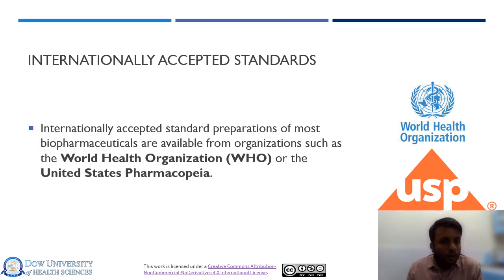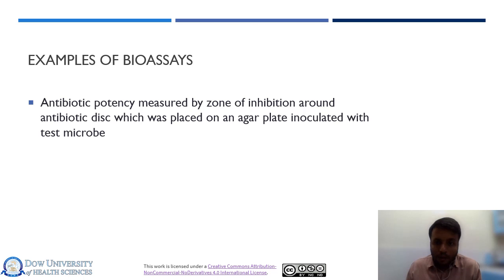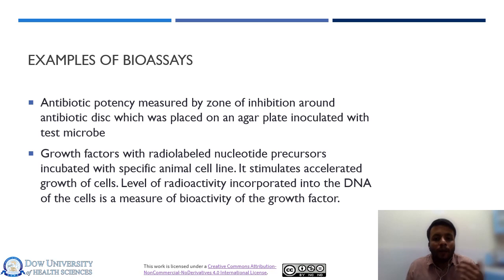The internationally accepted standards for the preparation of most biopharmaceuticals are usually set by organizations such as the World Health Organization or the USP, the United States Pharmacopoeia. One example of a bioassay is antibiotic potency, which is measured by the zone of inhibition around an antibiotic disc placed on an agar plate that is inoculated with microbes.